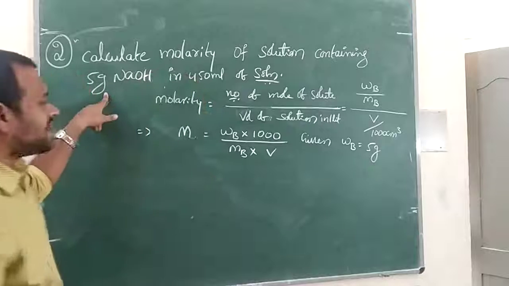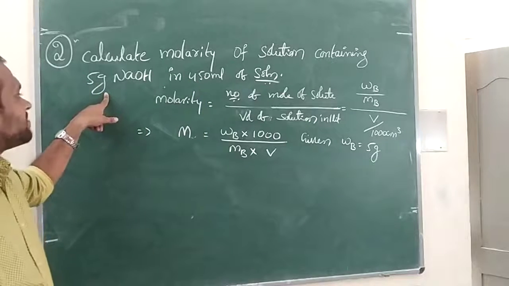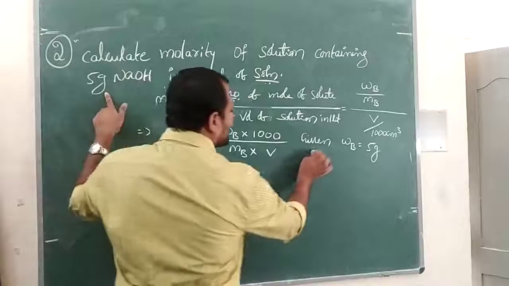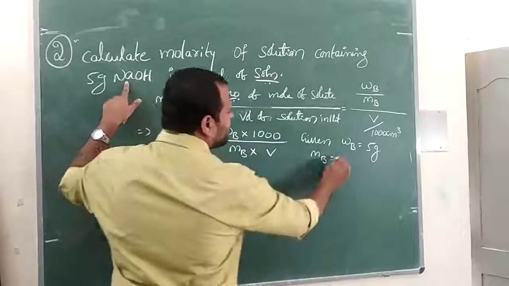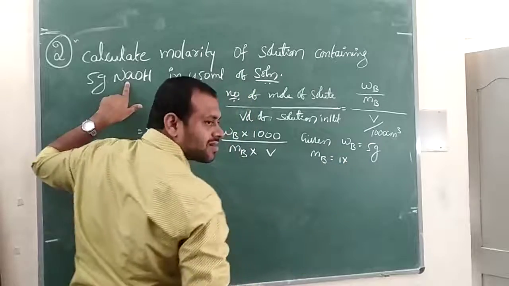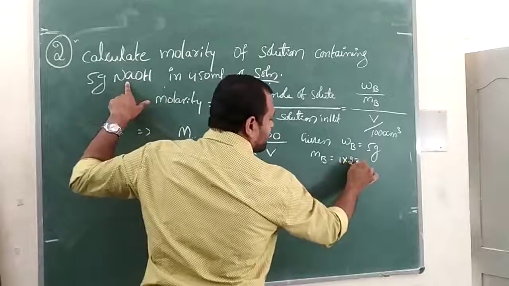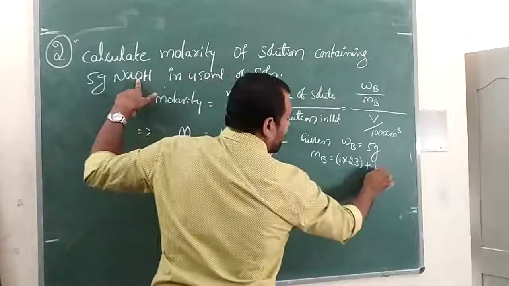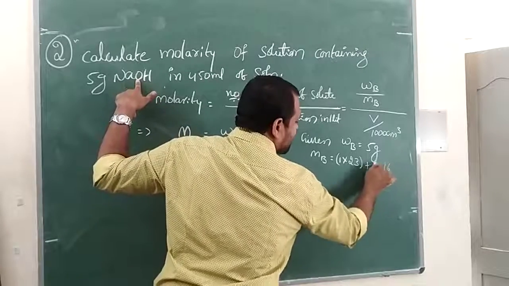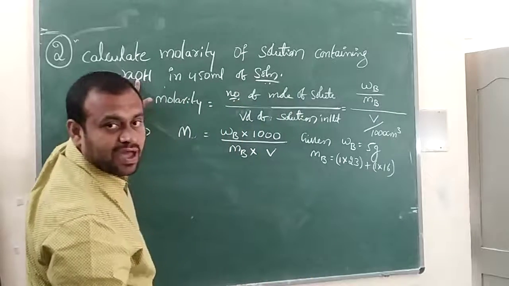Mass of solute is 5 grams. Next, we know molecular mass. How to find out molecular mass? MB is equal to how many sodium are there? 1 into what is the atomic mass of sodium? 23 plus how many oxygen are there? 1 into what is its atomic mass? 16. Are you following?